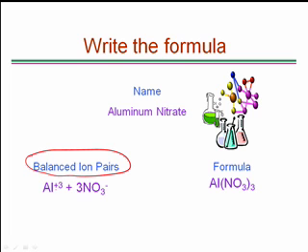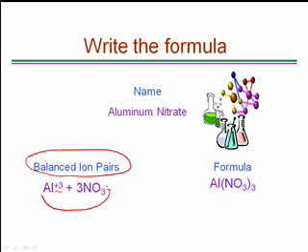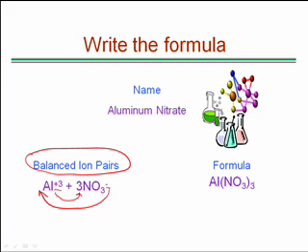So aluminum we know has a +3, and nitrate has a -1. So we do the little chargy switchy dealio, and the coefficients become subscripts. There's a little 1 there, but we don't write the 1 because it's understood.